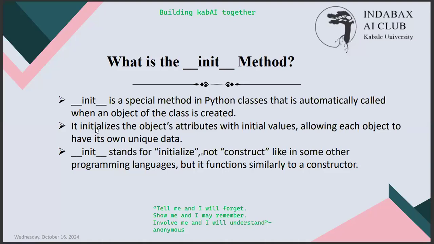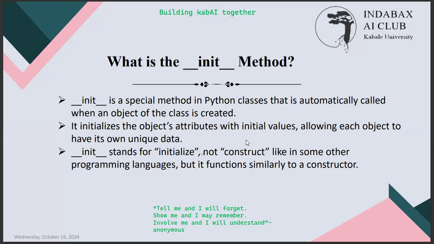Then it initializes the object's attributes with initial values, allowing each object to have its own unique data. Okay. Init stands for initialize, not construct like in some other programming languages, but it functions similarly to a constructor. So init is the default constructor.